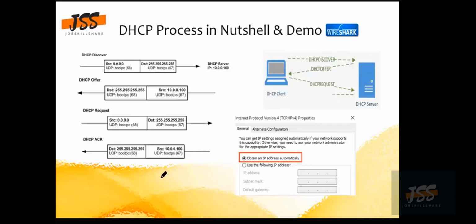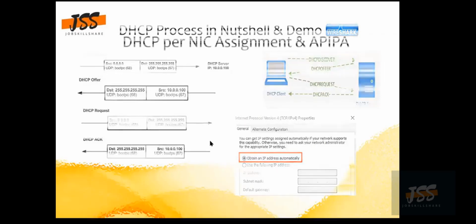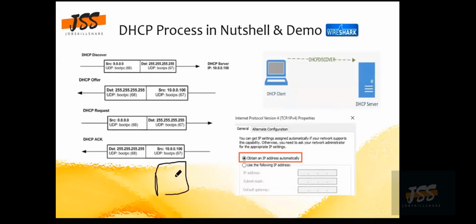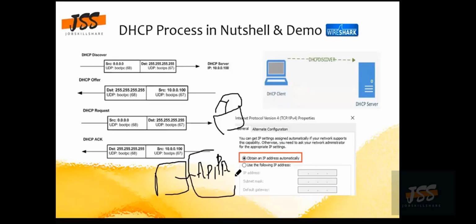Another important thing: usually, if DHCP is not configured, your Windows machine is going to get an APIPA. Very funny name, by the way. But on your routers, you are not going to get any kind of APIPA, because this is specific to Windows.